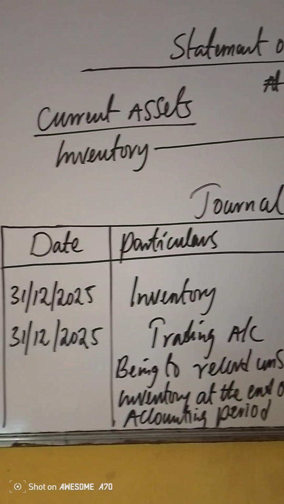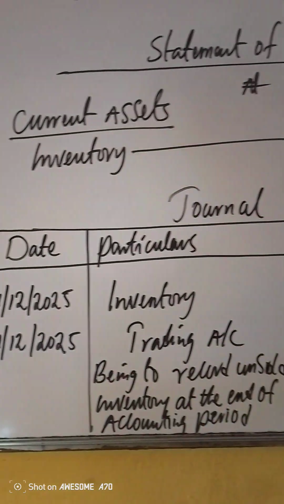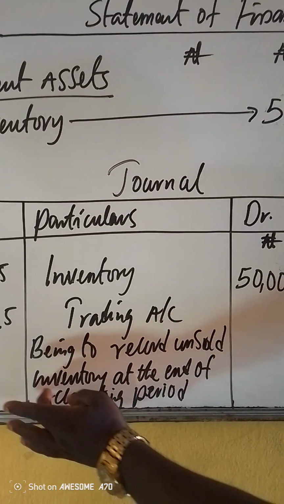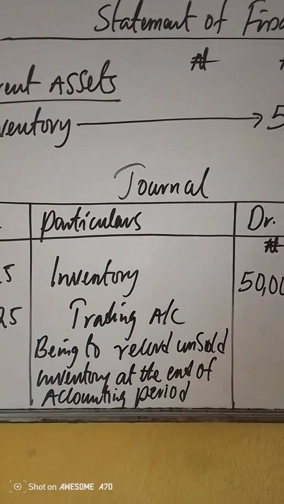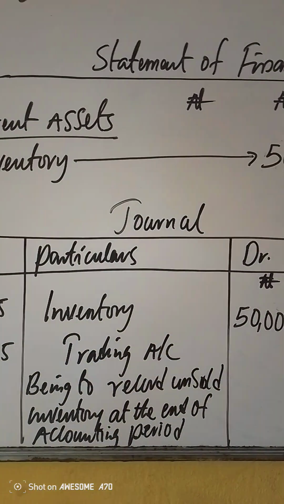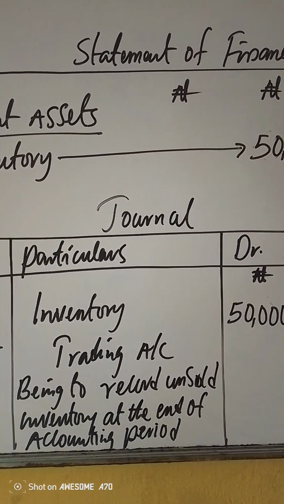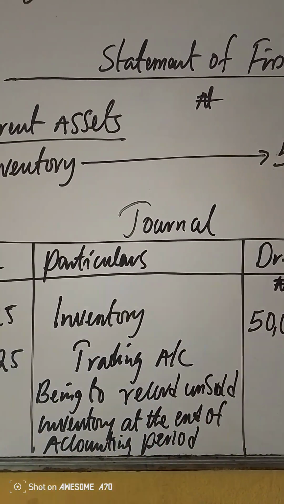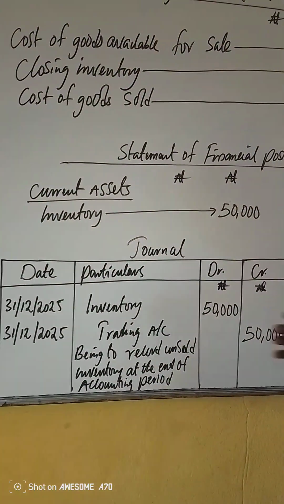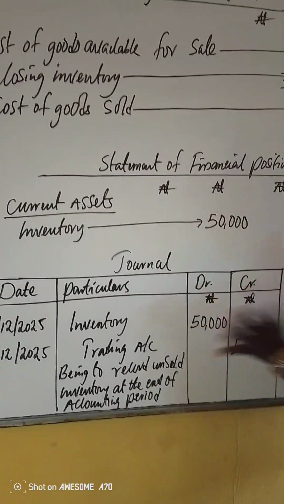Then here in the journal you must narrate what happened. So you now say, being to record the unsold inventory at the end of the accounting period. You are trying to capture the unsold inventory back into the ledger or the journal entry so that it will reflect in the new adjusted trial balance. So this is how you handle it in the journal.